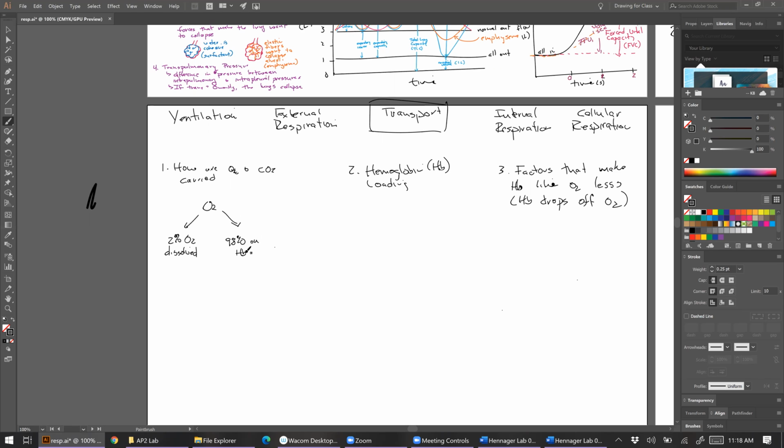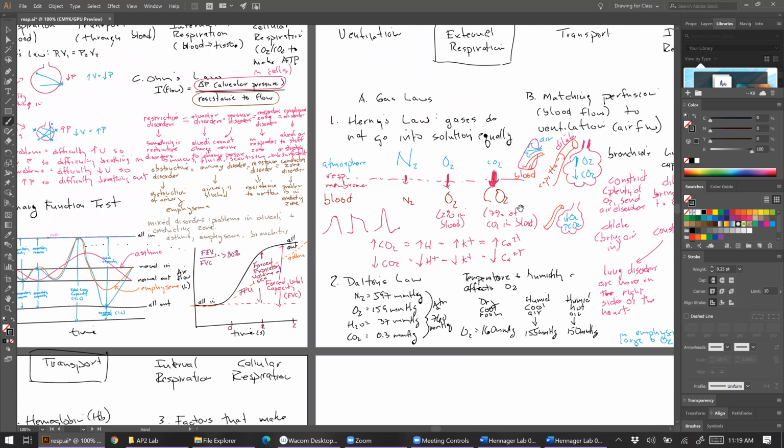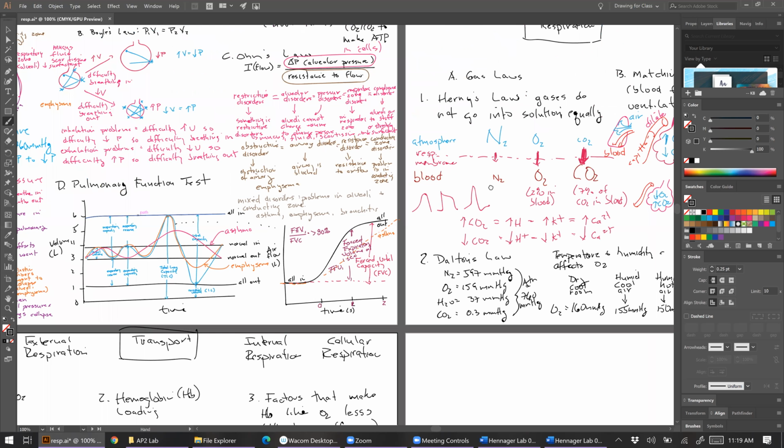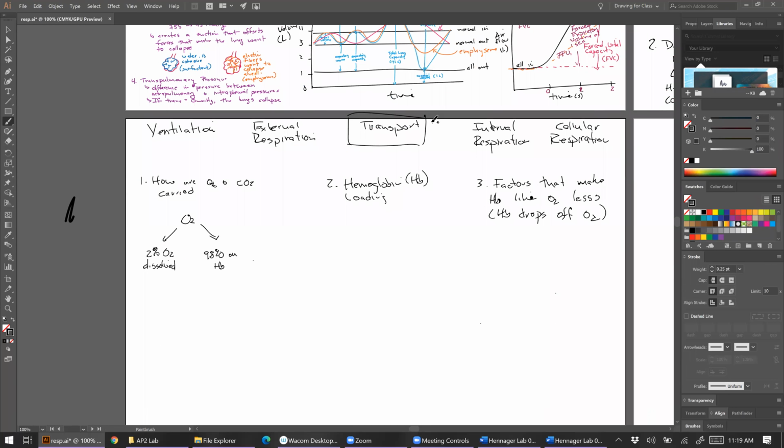Kind of covered this over here. CO2 likes to go into solution better, so it's different for CO2. So for CO2, it's about 7% down there, and 23%.